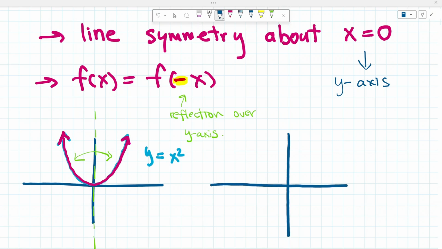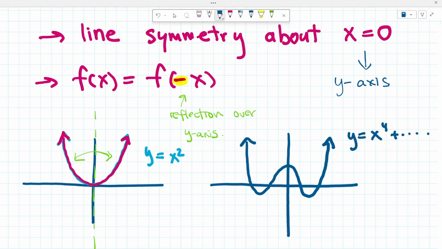What if we were to have something that looks like this? So this is some function y equals x to the power of 4 plus other terms. And in this case, we can also see that if we were to cut this in half over the y-axis and we were to flip it over the line x equals 0, we again would end up with the same function that we started with. So that's why we have this beautiful line symmetry over here. So that's a great property to know.